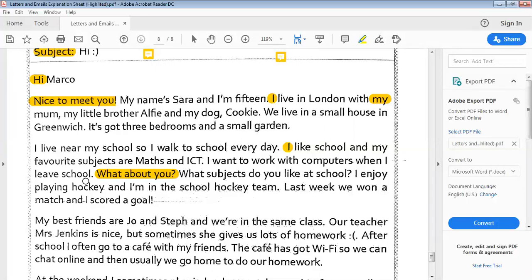Okay, so she wants to work with computers. What about you? Now, this is an example of a rhetorical question. Okay, here I have another one. What subjects do you like at school? Last week we won a match and I scored a goal. Here I also have another example of exclamation mark.